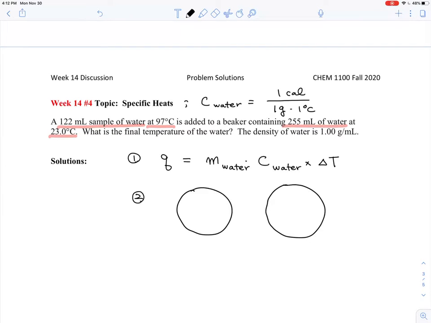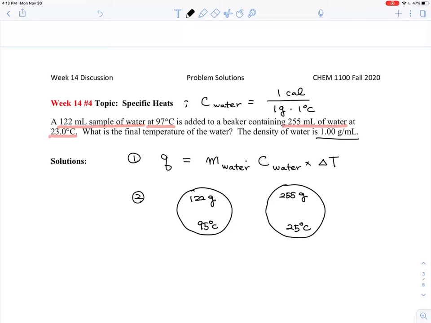One is water at 95 degrees C, 122 milliliters, which is 122 grams, since the density of water is 1 gram per milliliter, which makes it easier to deal with mass. And then 255 grams of water at 25 degrees C.